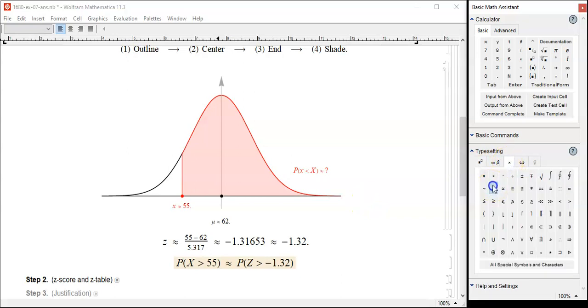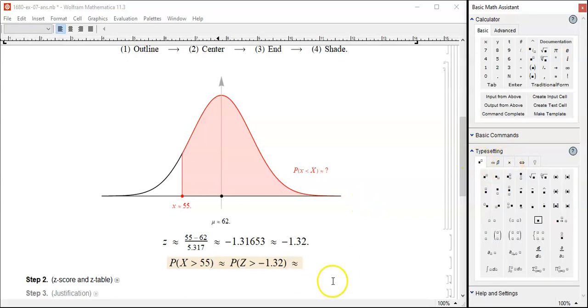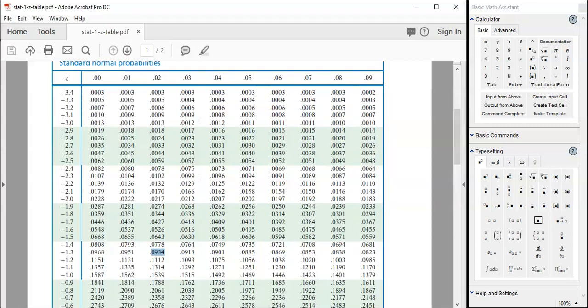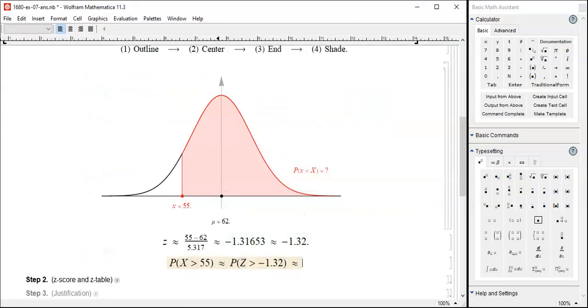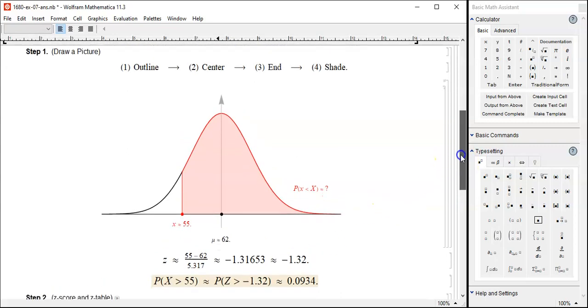And that's approximately, what is it? What did you find? 0.0934. So we have it. Is everything correct? Check everything. All good? No, something's wrong. Please check what's wrong.